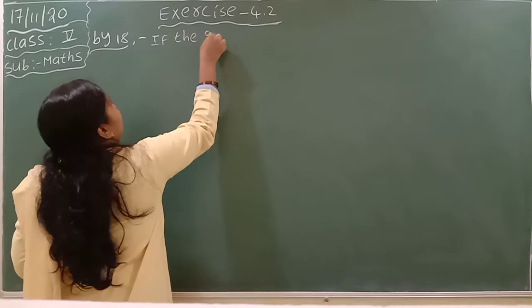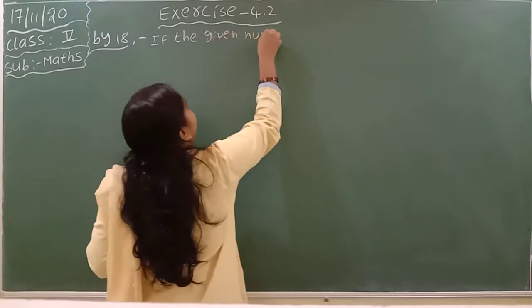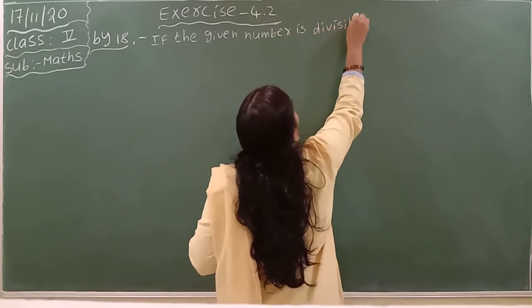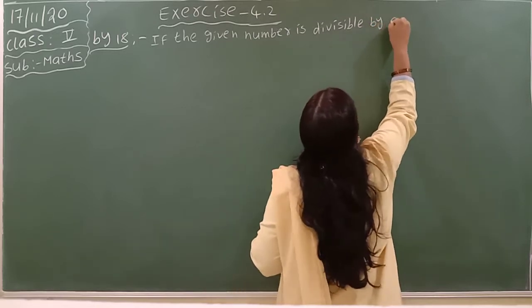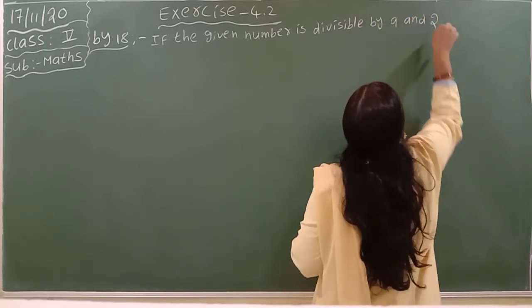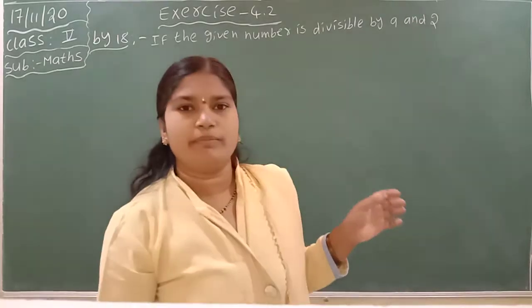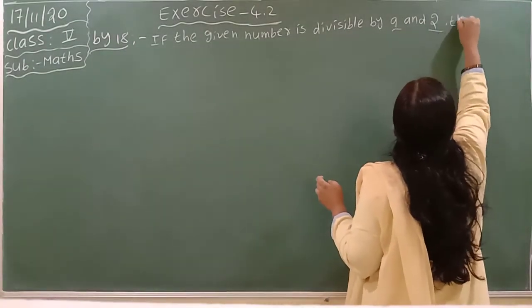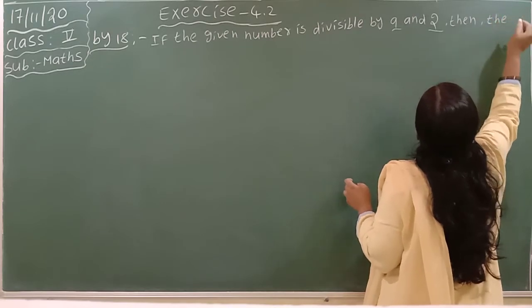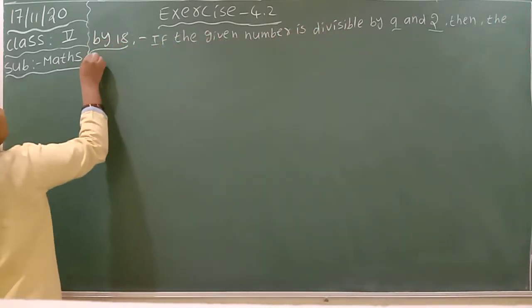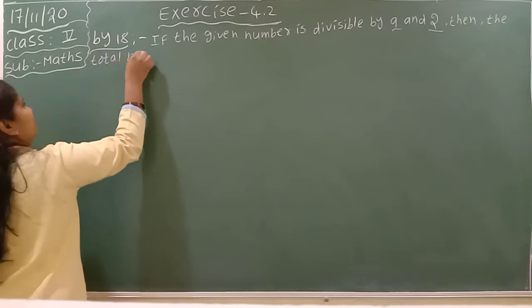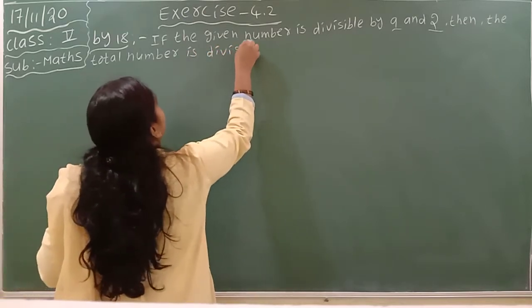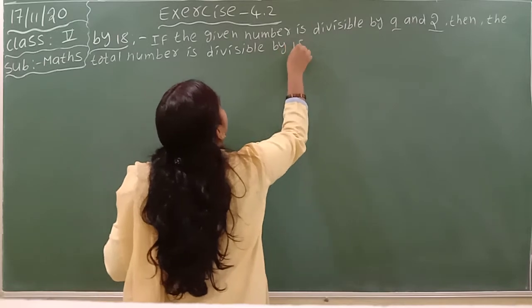If the given number is divisible by 9 and 2, then the total number is divisible by 18.